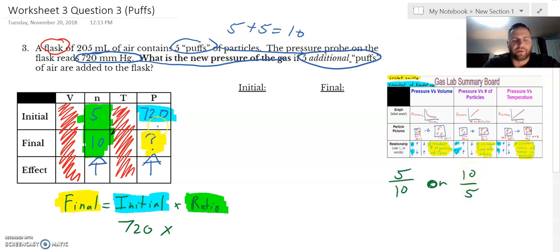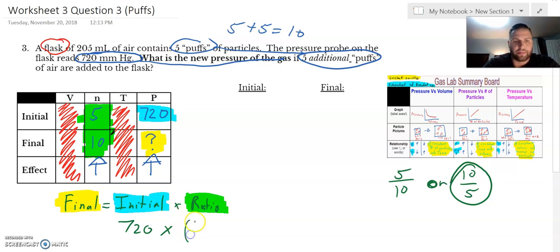Well, I need to pick a number that will make 720 a bigger number because this arrow is telling me that 720 needs to grow. So if I picked 5 divided by 10, that would make it a smaller number. If you pick the ratio that has a numerator that's bigger than the denominator, that will make your number grow like the effect arrow wants us to do.